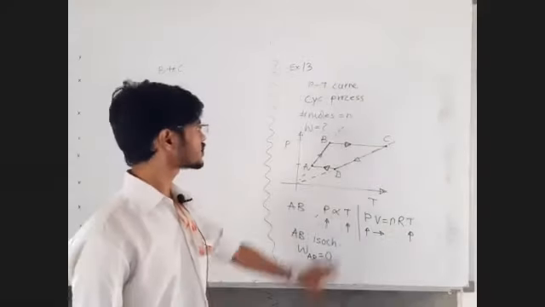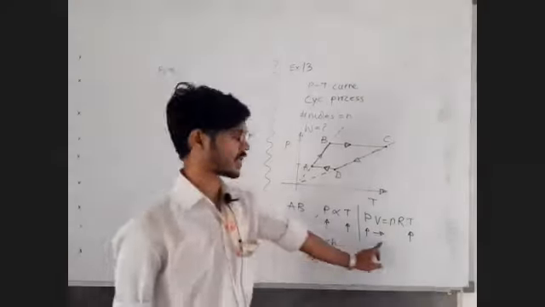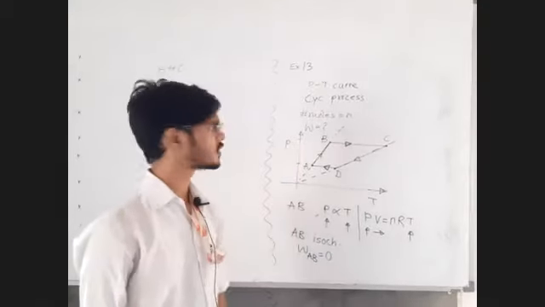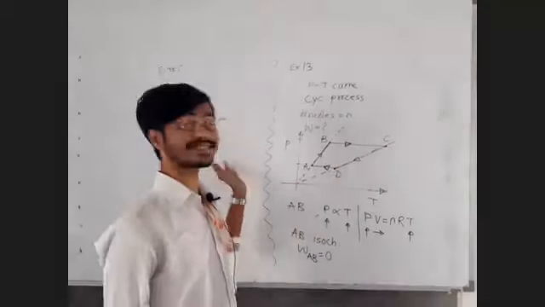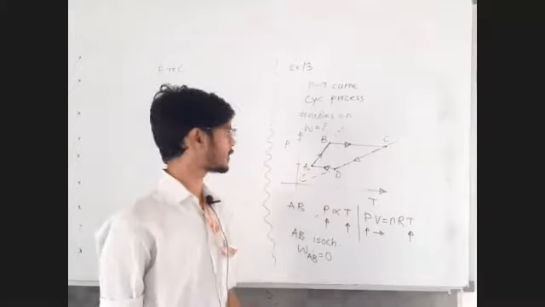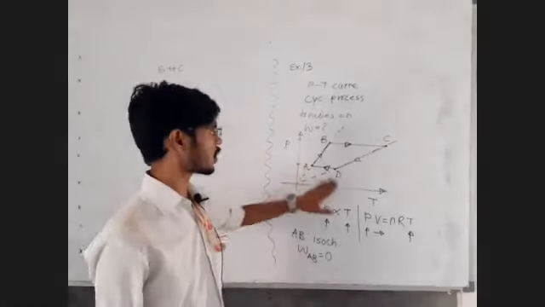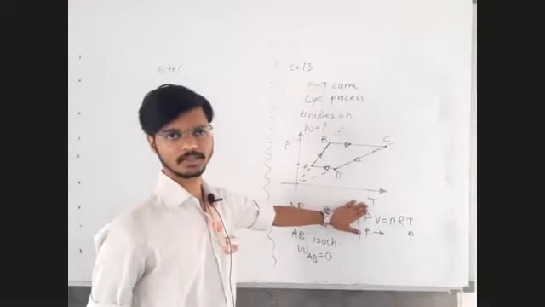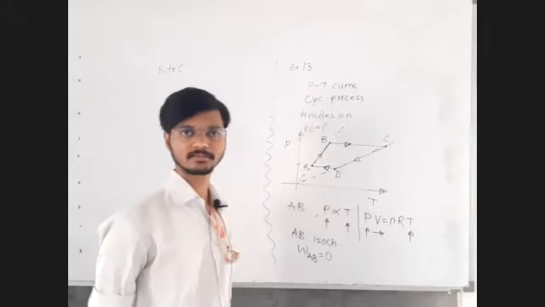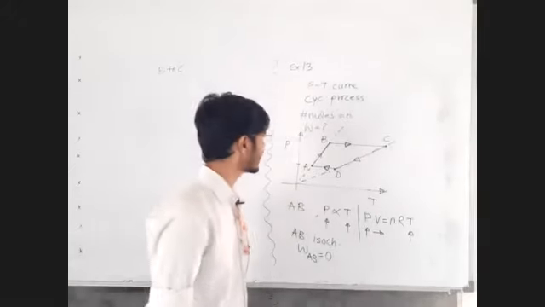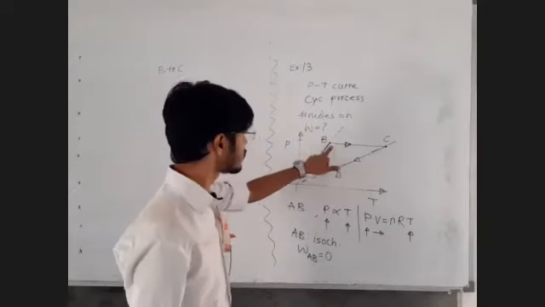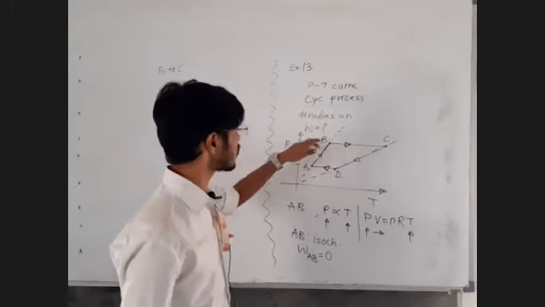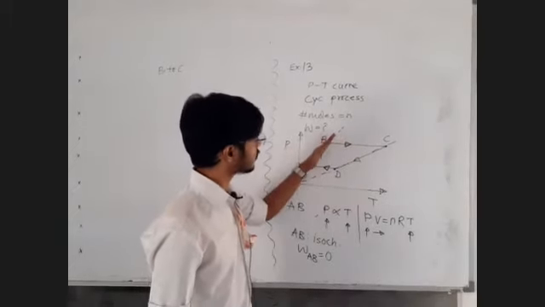If it is a straight line graph, go for this analysis. If it is a straight line parallel to either the x or y axis, then you can immediately predict whether it is isobaric or isothermal. It is isobaric. B to C is isobaric because these straight lines are not oblique lines.